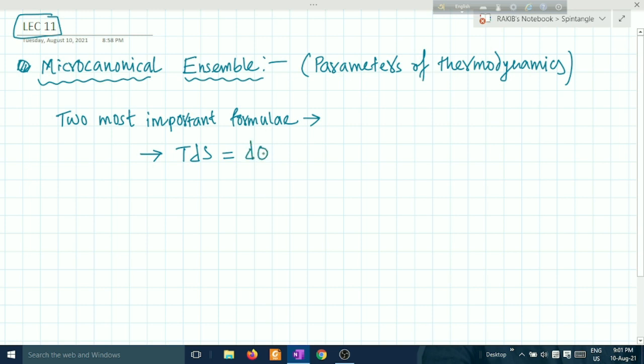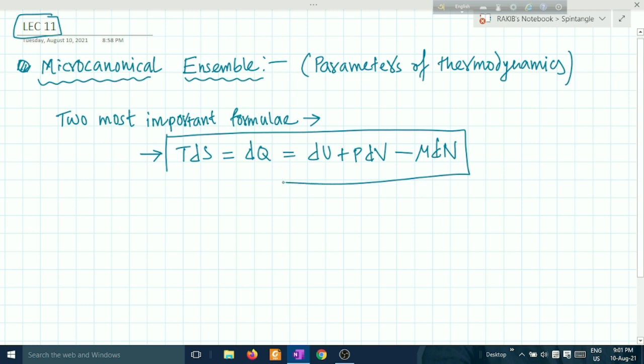You can write this as dq also, equals dU plus PdV. This is the first law of thermodynamics. You know this thing. And this comes from the TdS equation, and another extra term, minus mu dN. This is the third term. You have to remember this.